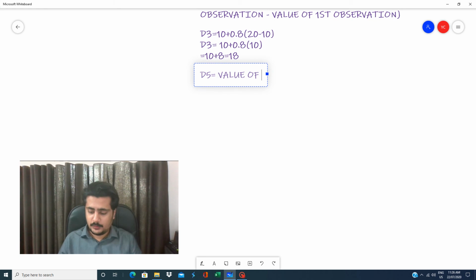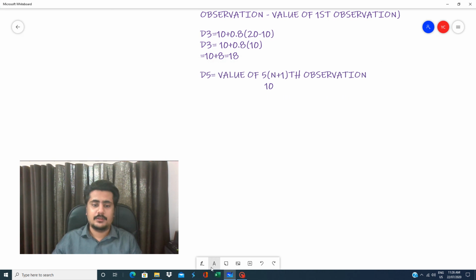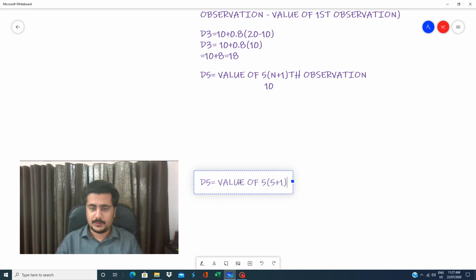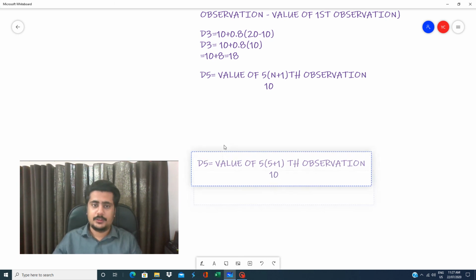D5 is equal to value of 5 into n plus 1 upon 10th observation. D5 is equal to value of 5 into 5 plus 1 upon 10th observation.